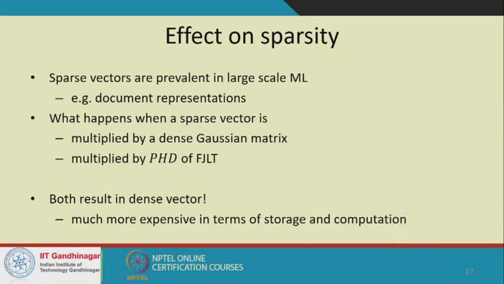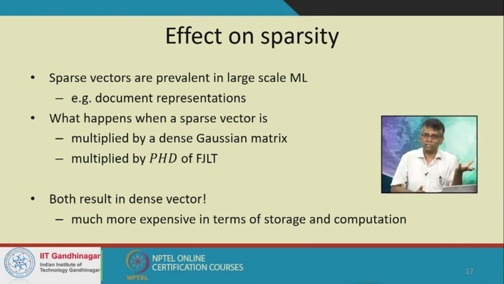What happens is that in both cases it becomes dense, right? Because the Hadamard transformation makes it dense, and multiplying it by P again doesn't decrease the density, and definitely multiplying a sparse vector by a dense Gaussian matrix makes it dense. So in both constructions of random projections that we have seen, we are converting a sparse vector to a very dense vector.